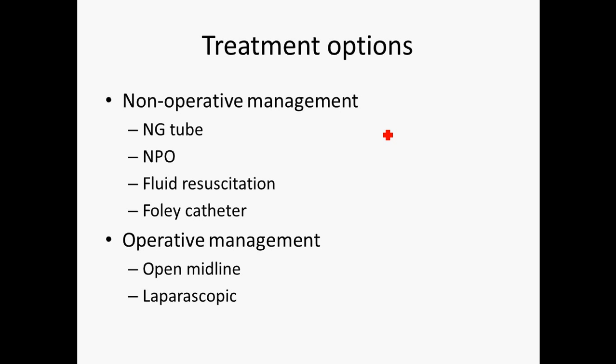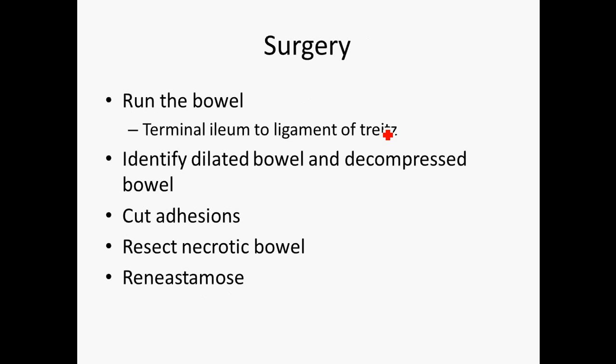If we do want to do an operation, you can do both open midline incision and laparoscopic surgery. In either case, you're going to run the bowel, which just means you're going to follow the loops of the bowel from the terminal ileum up to the ligament of Treitz.